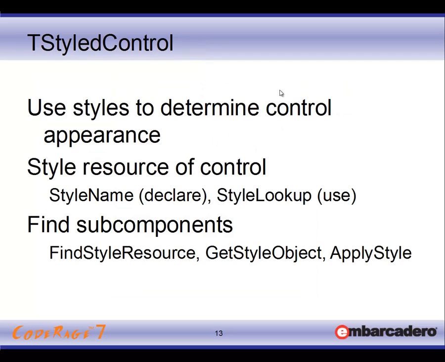And as we have seen, you can paint on the canvas or use the primitive controls to create the same user interface. But there is a second completely different family of controls, which is T-style controls. They use styles to determine the control appearance. And as we've seen, they use style name to declare a style or style lookup to indicate which style they want to use. You can use find style resource to find a subcontrol, apply style to dynamically update or change the style.